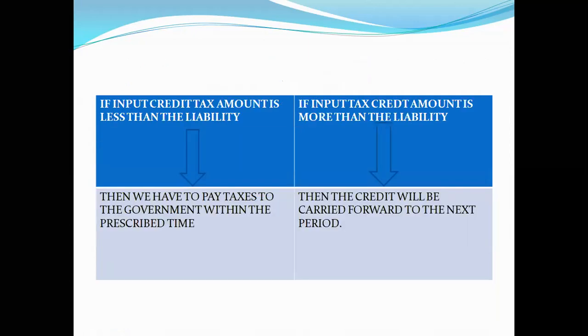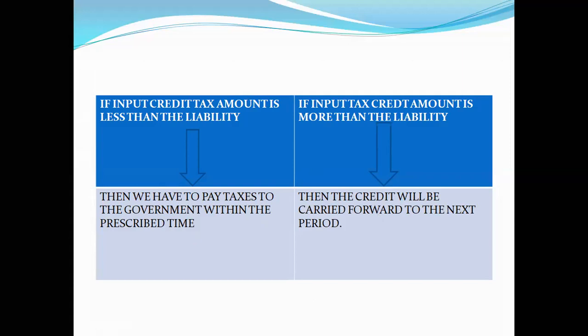Now we have a problem here. Before going for that, some more things are there. Now, if input tax credit amount is less than the liability, then whatever the balance, we have to pay taxes to the government within the prescribed time. We have to pay taxes by the 20th of every month. And if ITC is more than the liability, we have a balance.